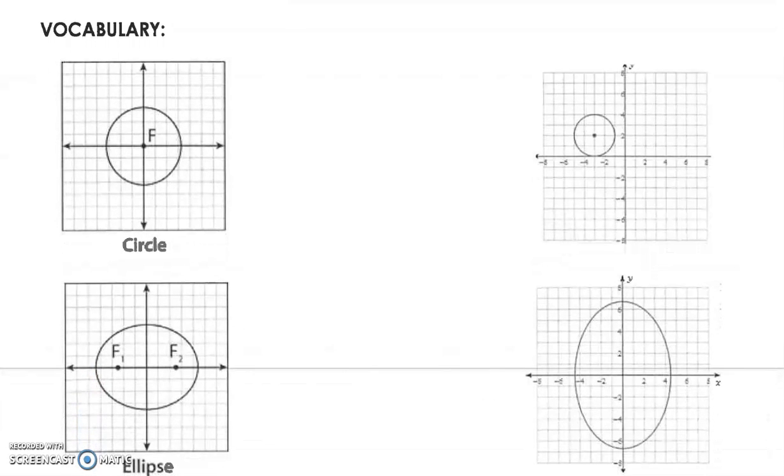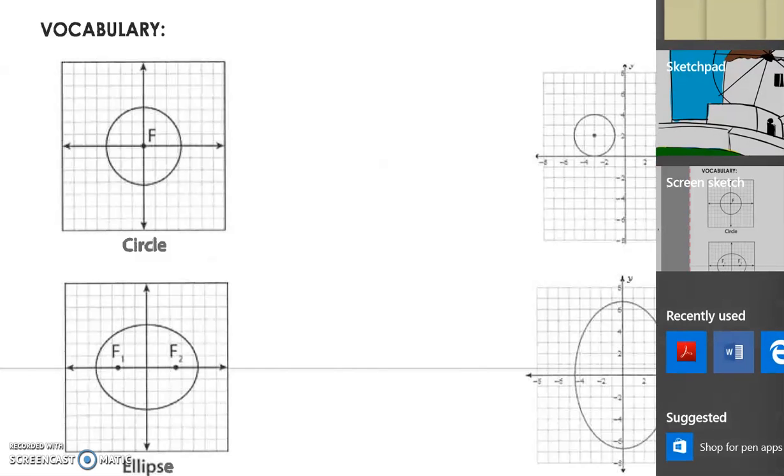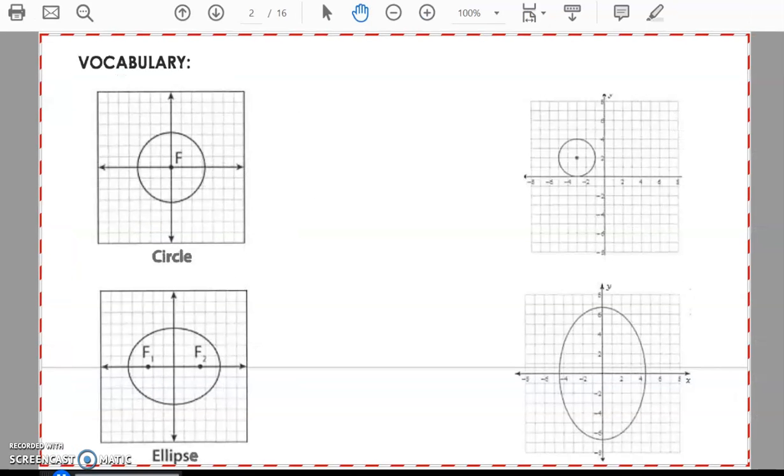Looking at just our first two shapes here, the circle and the ellipse. For the circle, we have a center, and this is at point F. You can see that right in the middle. And we have a radius, which is the distance from the center out to any point on the circle.